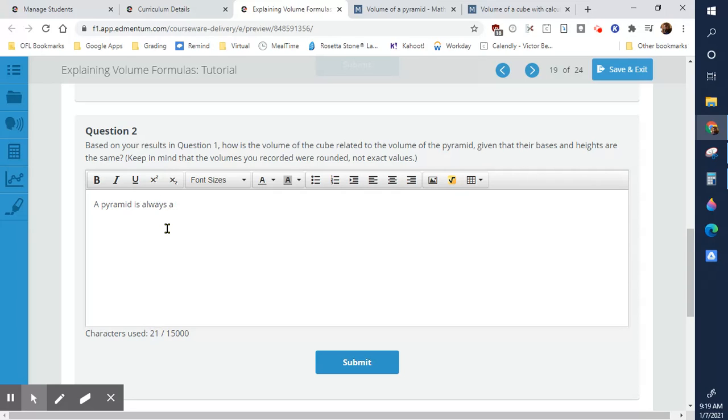And the reason why I say side length and height is I'm going to change this cube to a rectangular prism. So this doesn't just apply for cubes.